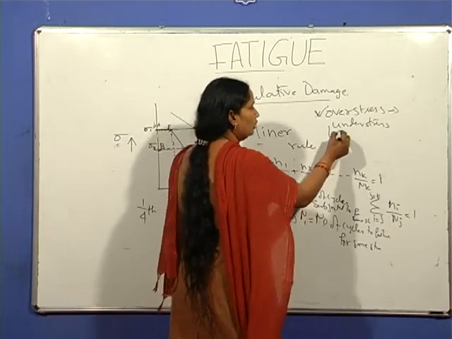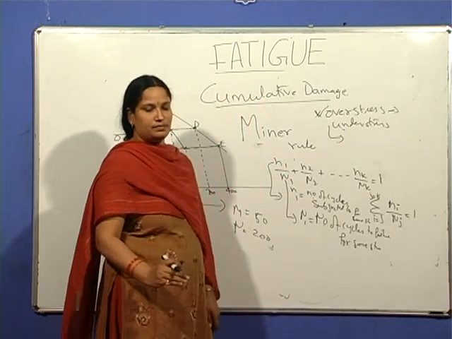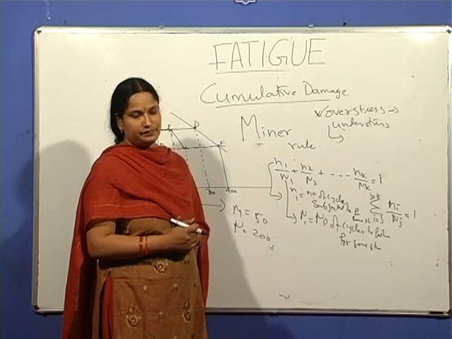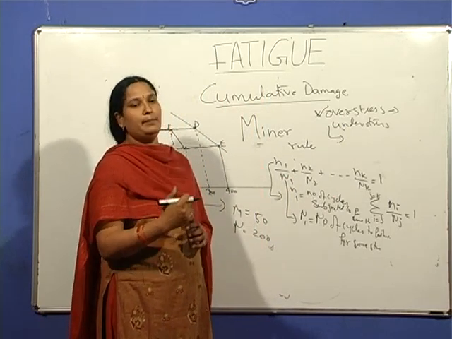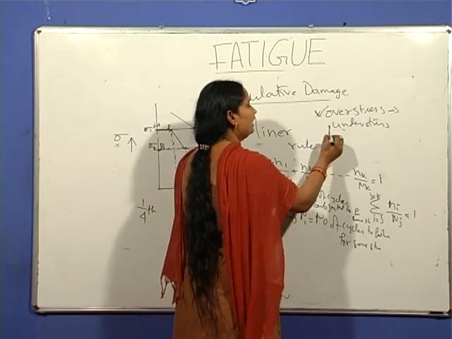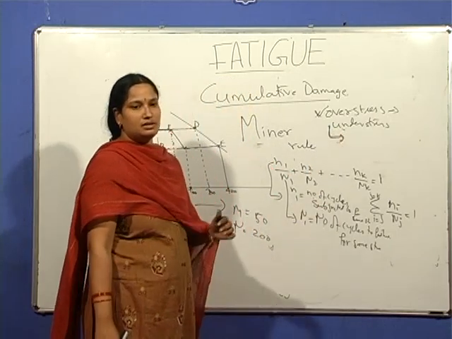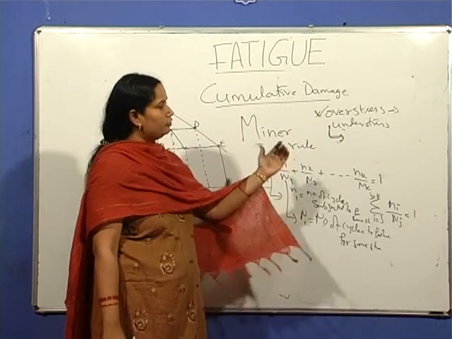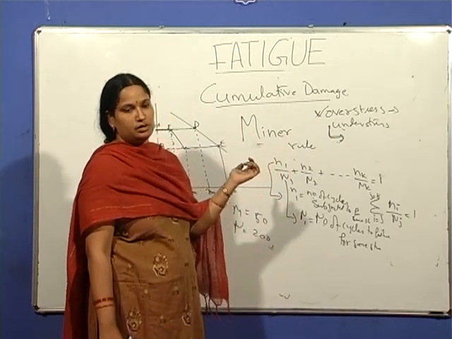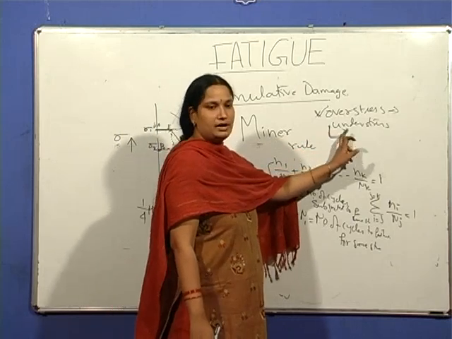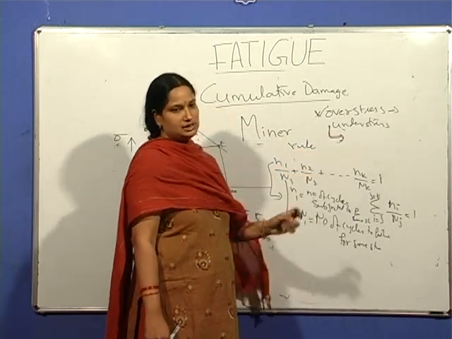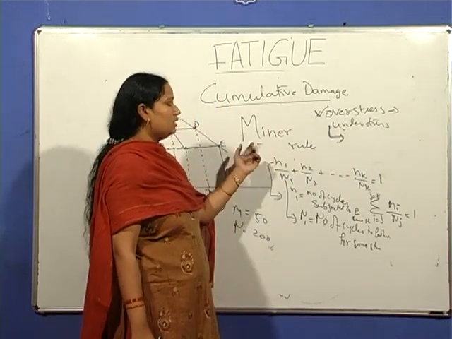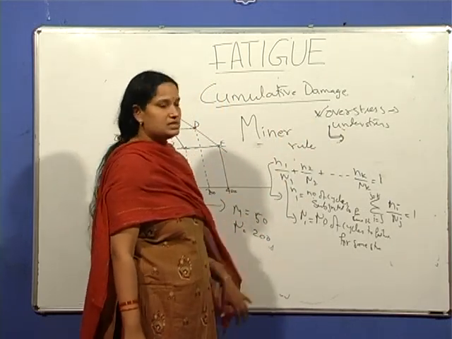Because at such a low value of stress, the material undergoes strain hardening, and when this same material is subjected to a high value of stress, the material will show an increase in fatigue life because initially it was exposed to a low value of stress. So, these effects, overstressing and understressing, are not taken into account in Miner's rule.